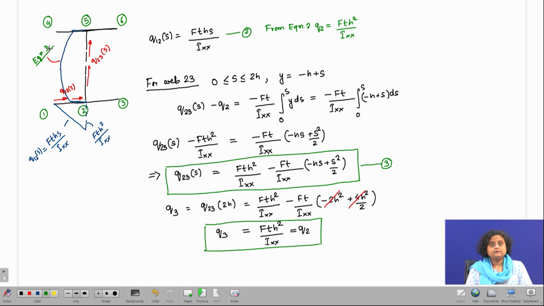So, following the same procedure, we can find out the shear flow distribution in the flange. I have to remove this thing. So, I have to call this as 3, this as 5 maybe.